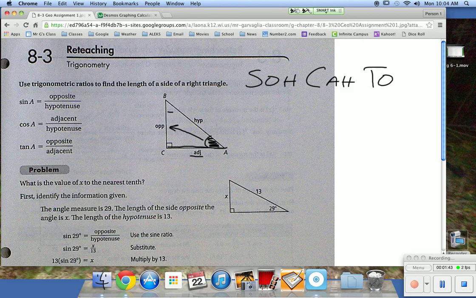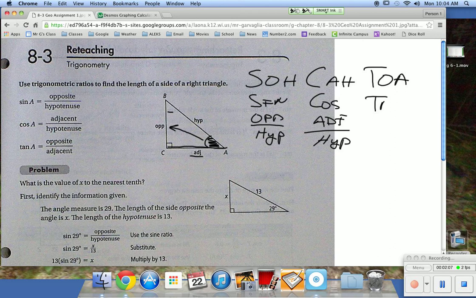SOHCAHTOA. Sine is opposite over hypotenuse. Cosine is adjacent over hypotenuse. Notice opposite, hypotenuse, adjacent, hypotenuse.